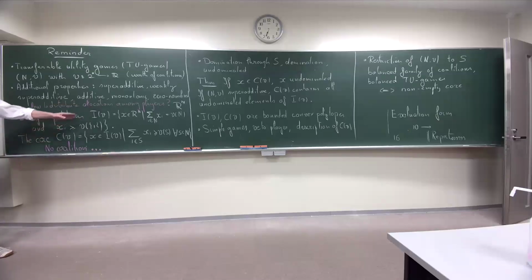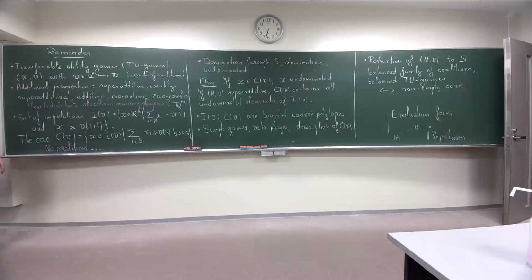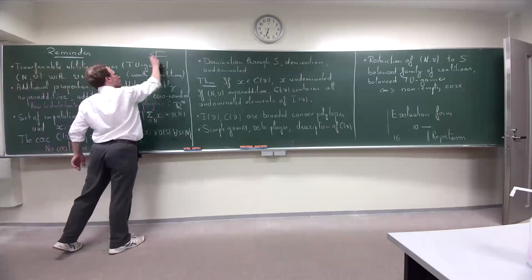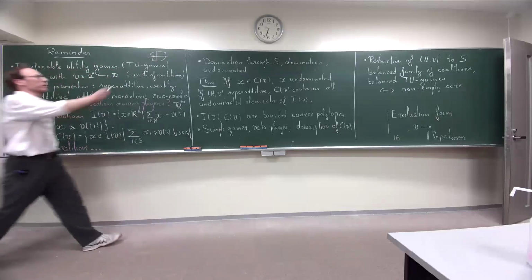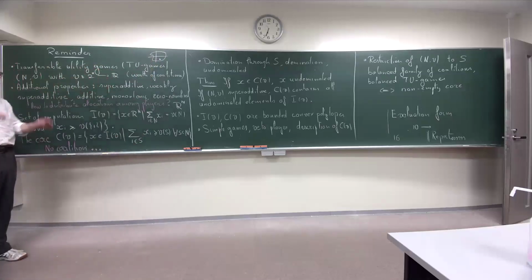However, this set is too big because one coalition might decide not to take a certain value in this set. So you should think about R^n, and this is I(v), the set of imputations. For example, some coalition might not be interested in a certain point because it's not very interesting for them.